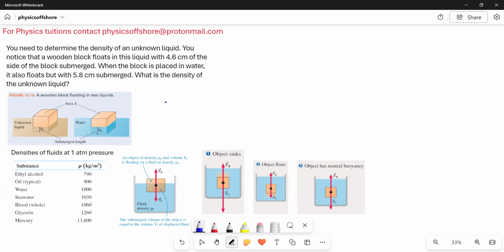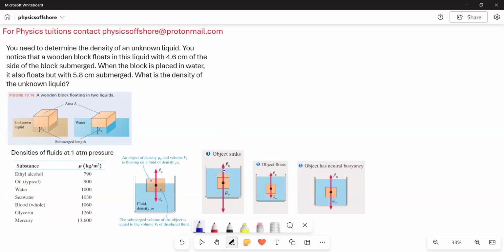Okay, that is the Archimedes principle. Now, before going into the details, let us see when the object sinks, when the object floats, and when the object is in neutral buoyancy. Okay, so here you can see three pictures.